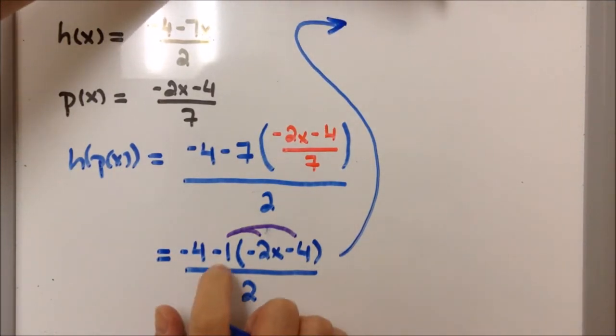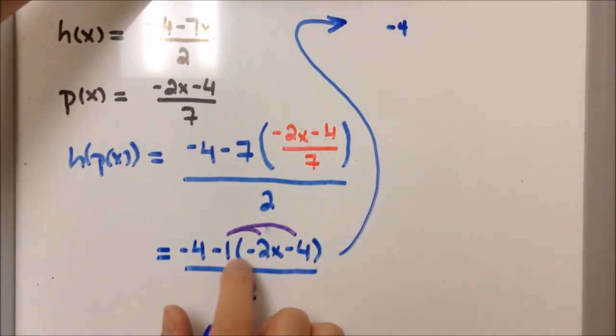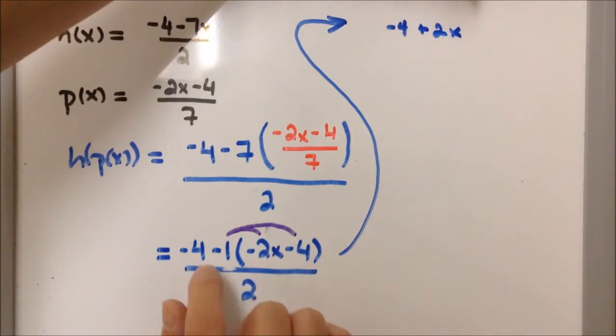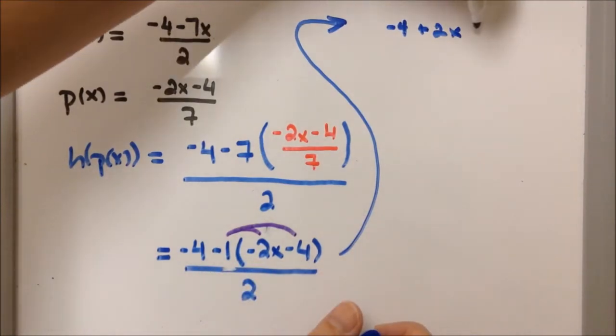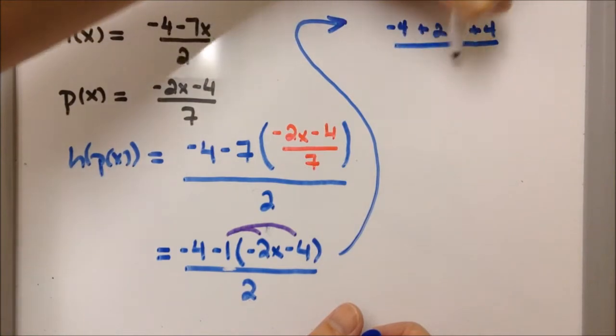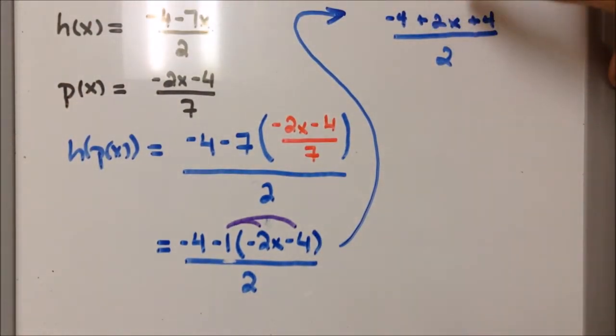So we have -4. Now we're distributing that -1. So -1 times -2x, that's just plus 2x. And then -1 times that minus 4, that's just plus 4. The whole thing divided by 2. So we have -4 plus 2x plus 4.